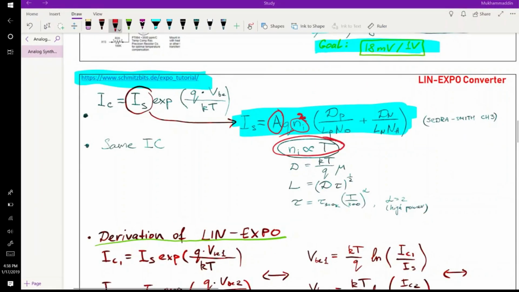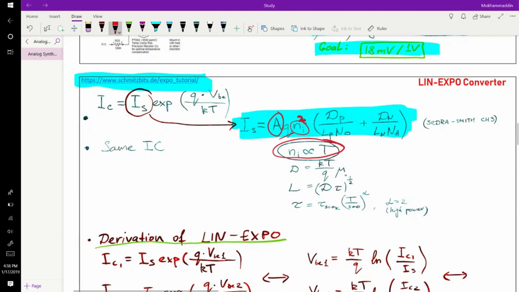Now, what about the other term in the formula? So everything else, including the diffusion coefficient, the what is L?